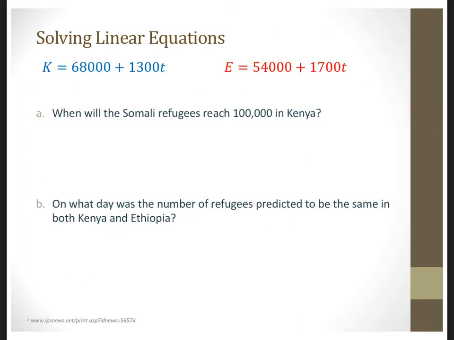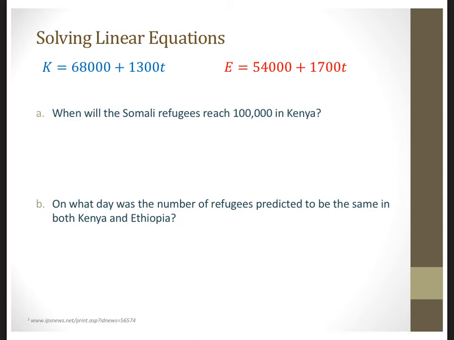Okay, so let's continue with this same example. We found in the previous slide that the model for the number of Somali refugees in Kenya was K is 68,000 plus 1,300 T, and the model for the number of refugees in Ethiopia was E is 54,000 plus 1,700 T. In part A, we want to calculate when the Somali refugees will reach 100,000 in Kenya.